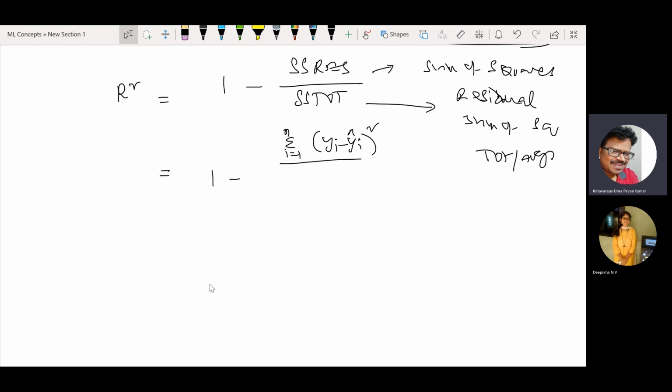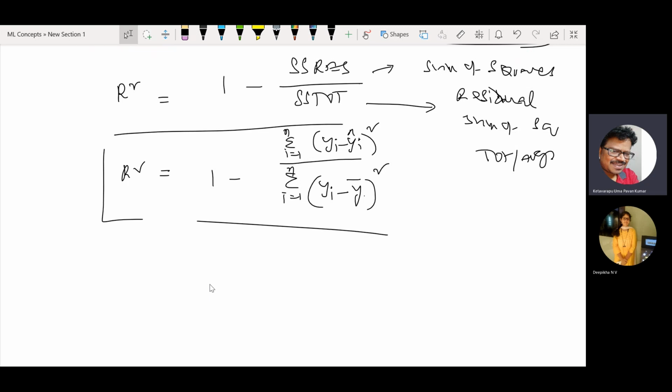And there is a small distinction here, guys. For the denominator, sum for i equal to 1 to n, what we are taking is yi minus y bar, which is the mean value. This is the most important point, guys. R square works by comparing the mean of our y values with the actual minus predicted value.